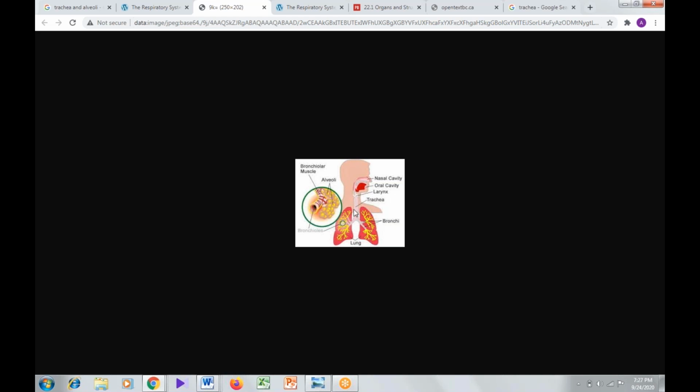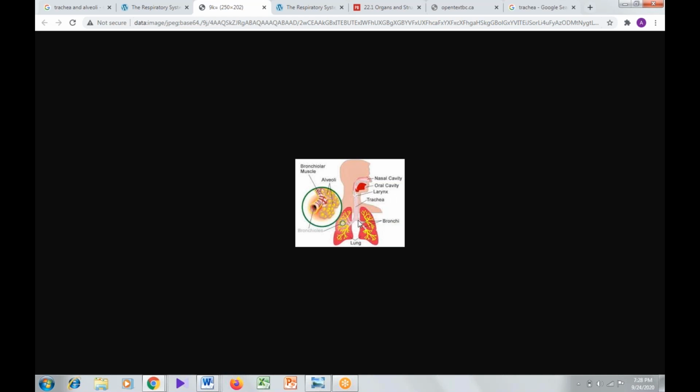Cartilage, all of you know. The purpose of the cartilage is that, suppose when we are sleeping or something, it should not collapse. Everything Allah subhanahu wa ta'ala made perfect in the human body. All throughout life it has to be open, so that is why it is made of cartilage.